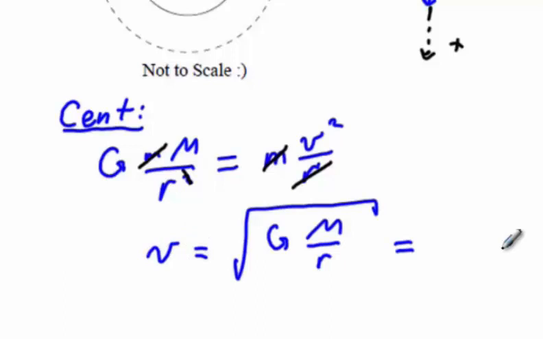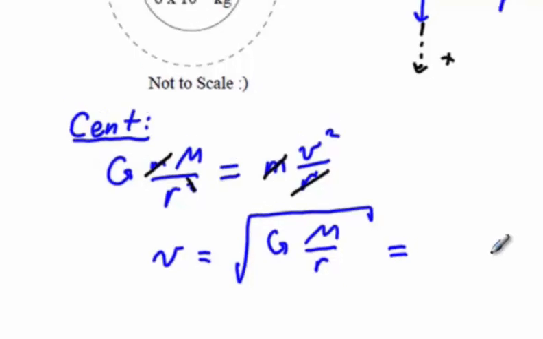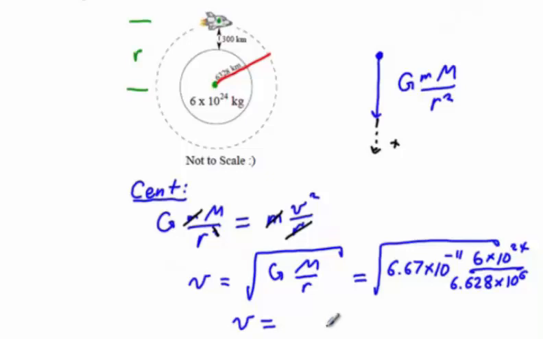The velocity of the space shuttle in orbit is the square root of Newton's gravitational constant, which is 6.67 times 10 to the minus 11, times the mass of the Earth, which is given, divided by the radius, which is not 6,328, but is in fact that plus another 300 kilometers. Converting this to meters, it will be 6,628,000 meters. Plugging in the numbers, we get the result: 7770 meters per second.